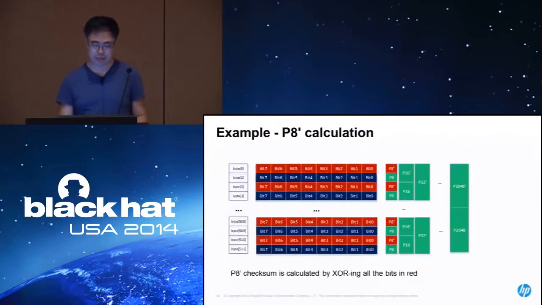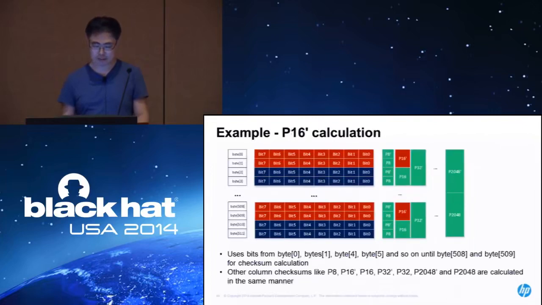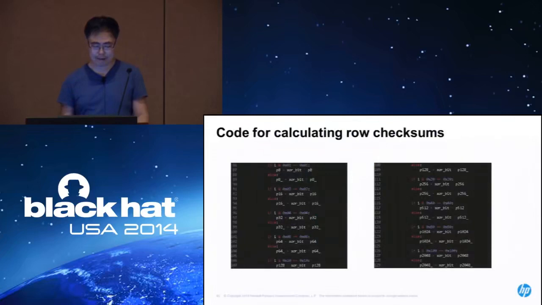For example, for P8 apostrophe parity bits, you are using the first byte and second byte, and just every even byte to calculate one parity bit. For P16, you are skipping 2 bytes, using 0, 1, skipping 2 bytes, then 4, 5, and so on. And the Python code is really simple.